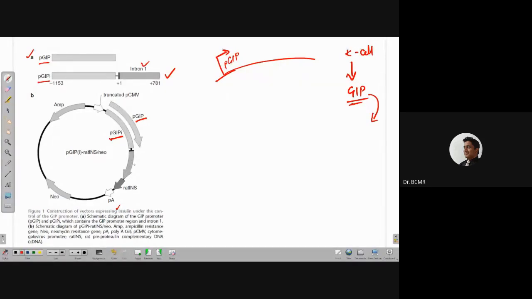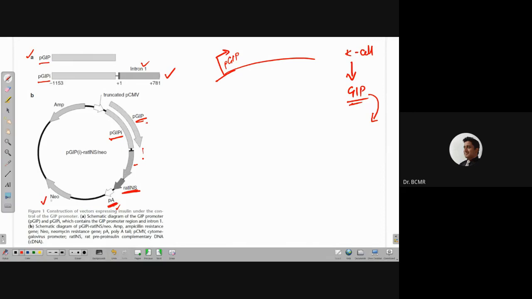And then this is the intron part. If they were choosing only GIP, then it would be directly with the rat insulin gene. And then they have a signal for polyadenylation. All eukaryotic mRNAs, the majority of them, for better expression, should have a cap as well as a poly-A tail. So that's why they have used the poly-A tail.